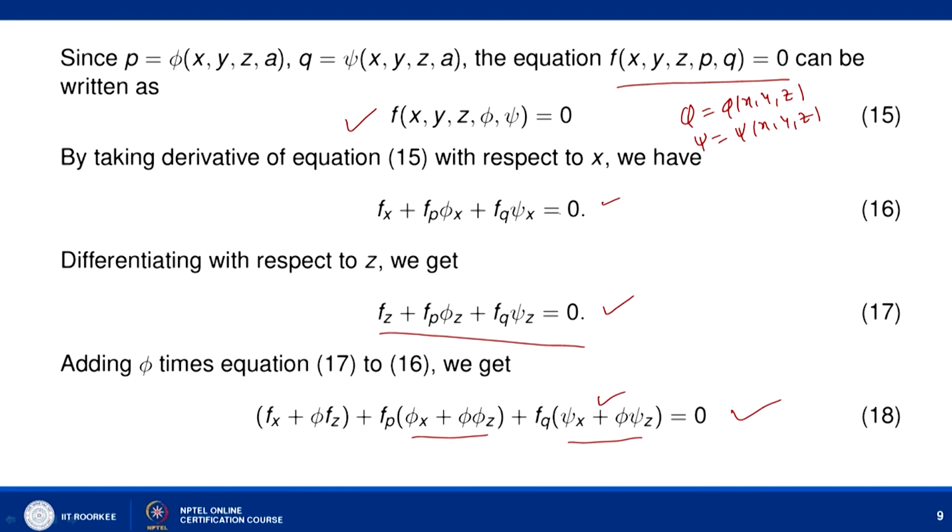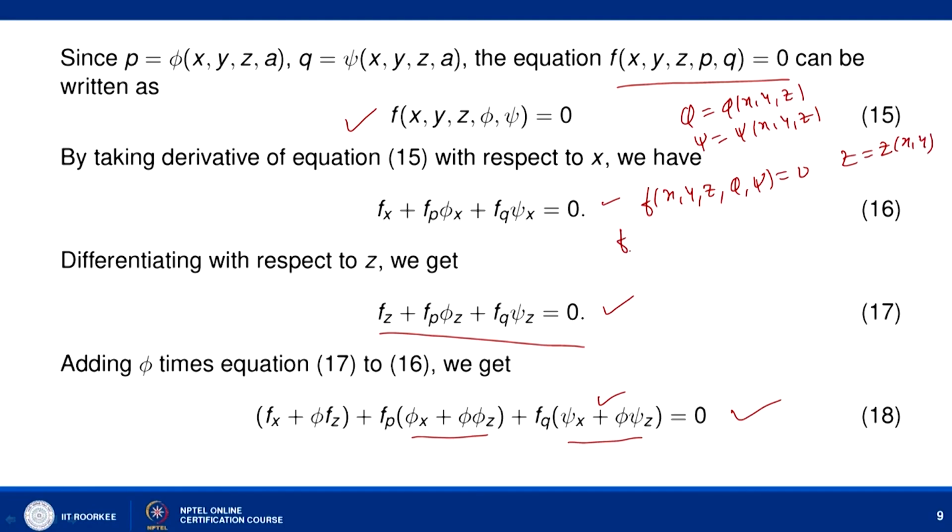Now here if you see, when we differentiate with respect to x, I have taken z as independent of x and y. But if we take that z is a function of x and y also, then we can write the following: f of x, y, z, phi and psi equal to 0. Now let us assume that z is also a function of x, y and see what you will get.